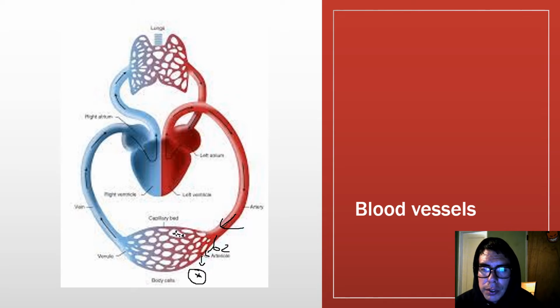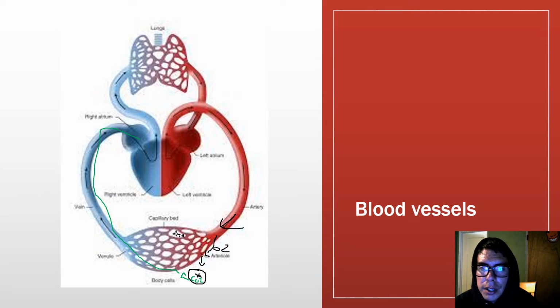The cell will create energy, then it will create carbon dioxide, CO2, as a byproduct, which will leave the cell and go into the interstitial space. That's a horrible arrow. And then it'll get absorbed back into the bloodstream.